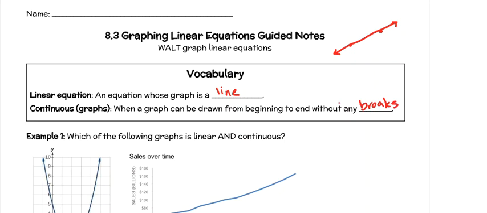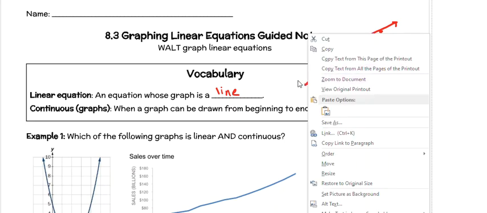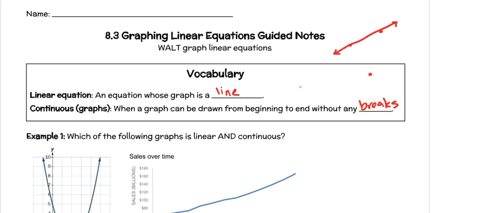The easiest way to understand continuous is when you start drawing, you're not picking up your pencil. That is continuous. So a continuous graph could look like this. Okay, that's continuous because you haven't picked up your pen or your pencil.